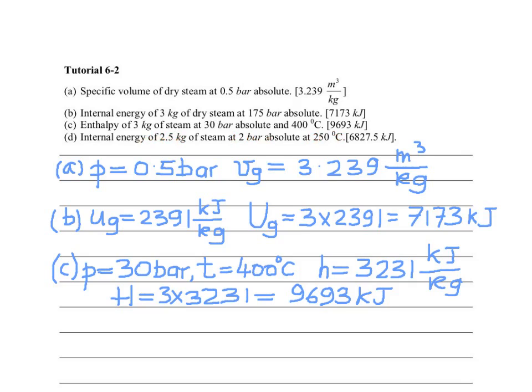250 degrees. So first of all, remember, we need to make sure that our steam is, in this case, at the condition that we are looking for. So head first for the superheated tables.